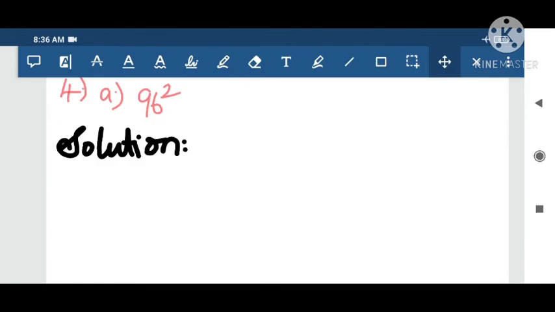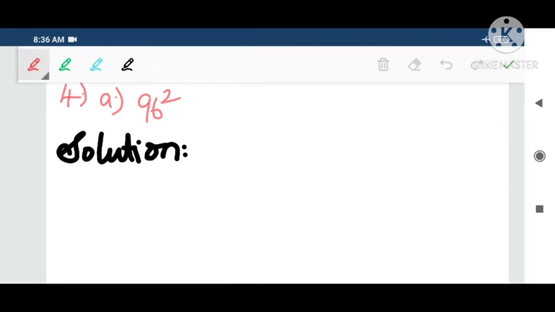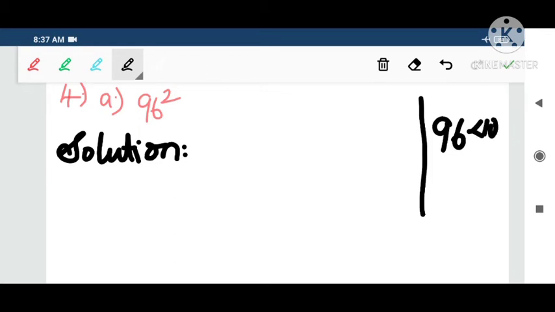Question number 4, 96 square. As I already told, first you need to observe whether the given value is greater than the nearest round value or less than it. So here I take 96 square. 96 is nearer to 100, but it is less than 100. How much? 4 less.